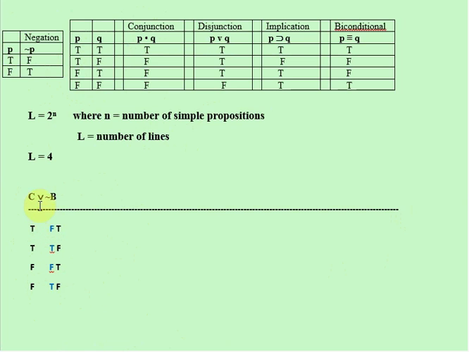Okay, so now when we compute the main operator, when we compute the whole thing, we are computing it with that negation, because that is the final result for the right disjunct. We don't compute it with the T in black over here. For example, for the first line, we compute it with the F, because that's our final truth value evaluation for the right disjunct, right?